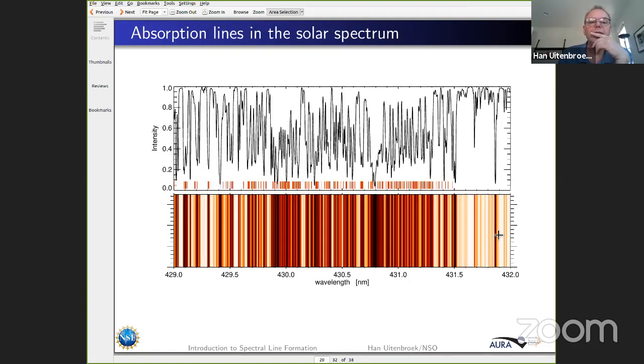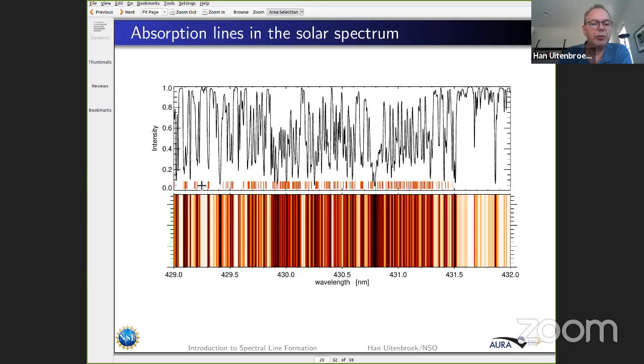Now, can this same kind of reasoning explain why we have absorption lines in the solar spectrum, at least in the visible? This is a section of the spectrum around 430 nanometers.